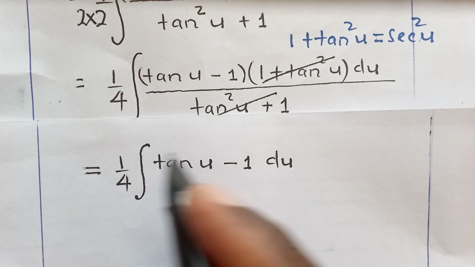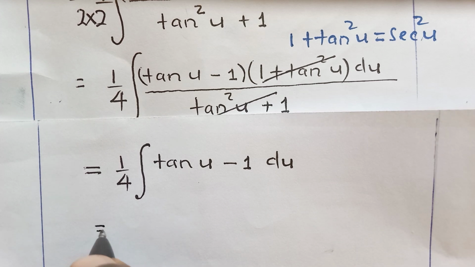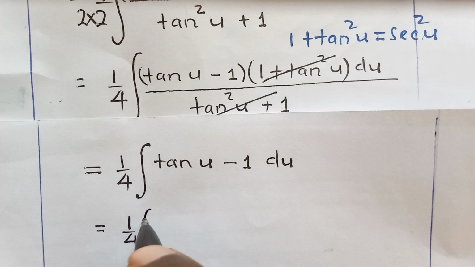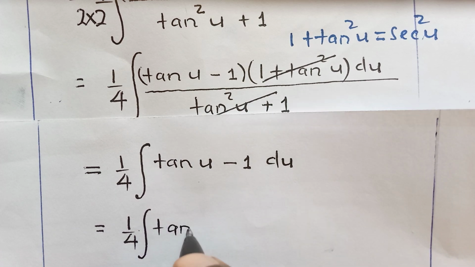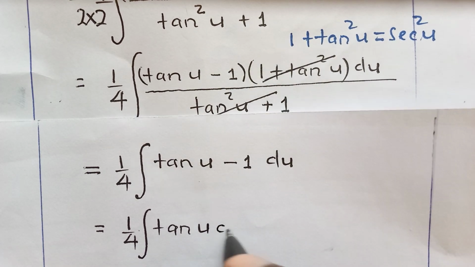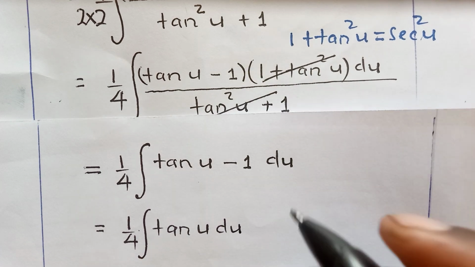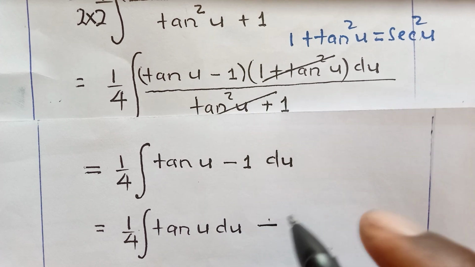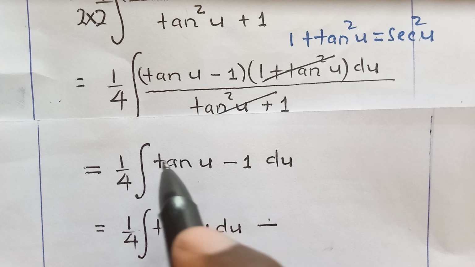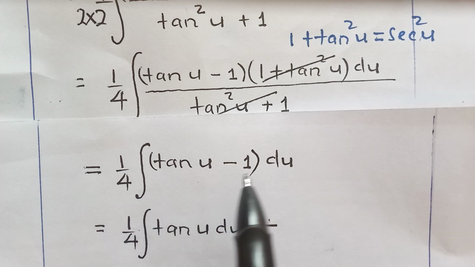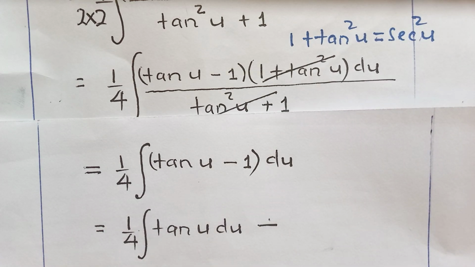And so guys, we are going to have a quarter integral of tan u du, that is doing them separately, plus again, that is minus a quarter, because now guys what we are doing, we are multiplying this quarter with that and this quarter with that, then we integrate them separately.